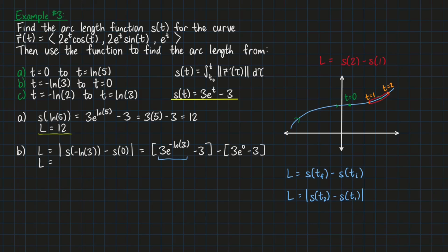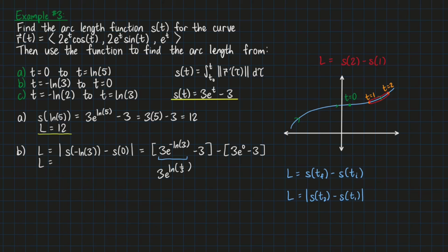So before we can cancel out the e and the ln, we need to deal with the negative on the outside of the ln. That could be thought of as a negative 1 being multiplied into the ln of 3. So using a logarithmic property, this can be written as 3 times e to the ln of 3 raised to the negative 1 power. And then 3 raised to the negative 1 power is 1 over 3, because you just reciprocate it.